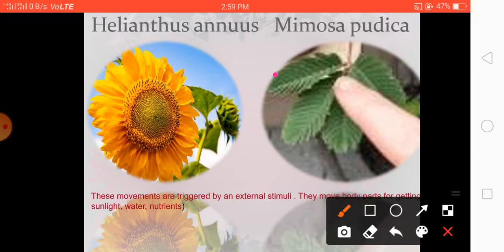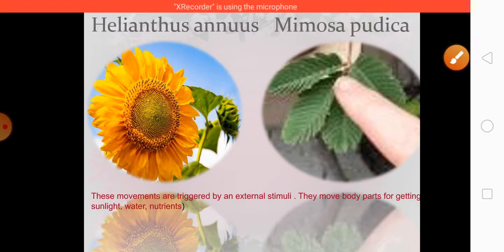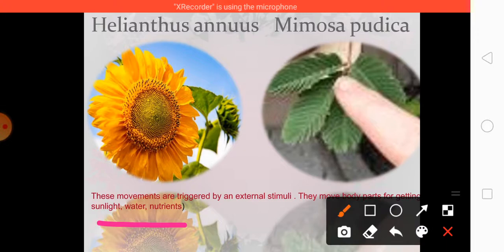It closes on touching, whereas Helianthus annuus, sunflower, follows the path of the sun from east to west. So both of them are triggered by an external stimulus. These plants move their body parts for getting sunlight, water, and nutrients.